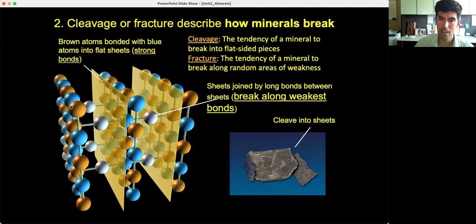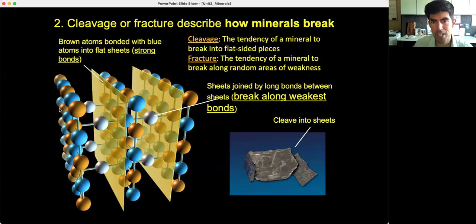And these red and blue atoms are very tightly bonded together, very strongly bonded. These gray atoms here have very long bonds between the sheets of red and blue atoms. These very long bonds are much weaker than the tightly compacted short bonds of these red and blue atoms.